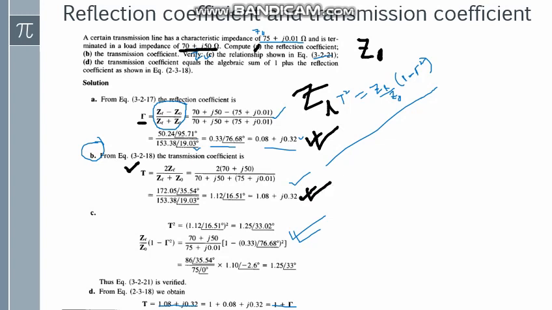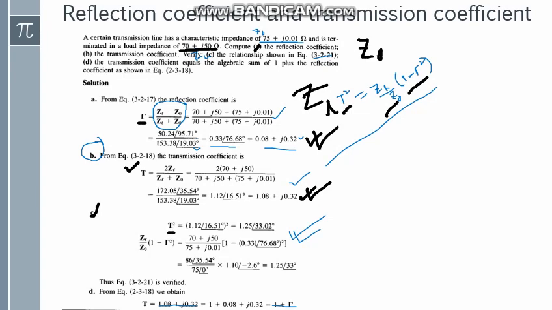And the third part is that we have to calculate the relationship shown. It is from the book: T square equals ZL divided by Z0 times 1 minus gamma square. Here gamma is the reflection coefficient, you know. So we have to prove it. First we find the left hand side, that is T square, and we find the value.